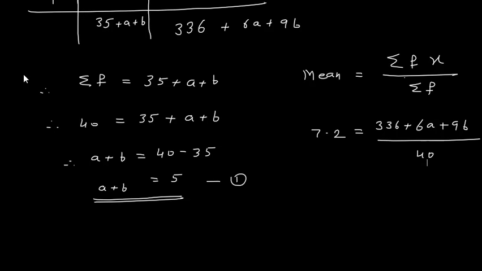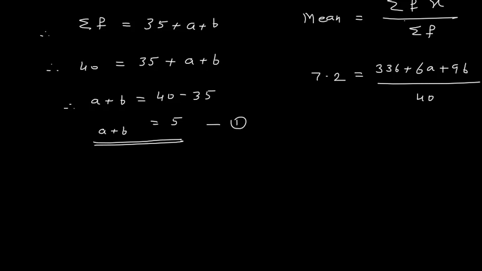Therefore, 7.2 into 40 will be equal to 336 plus 6a plus 9b.